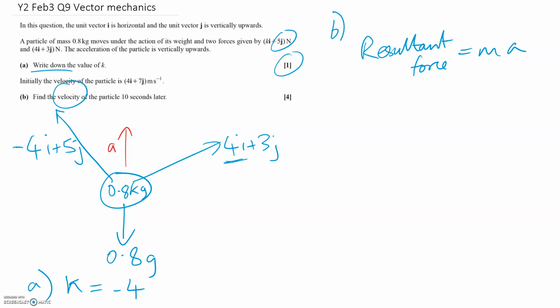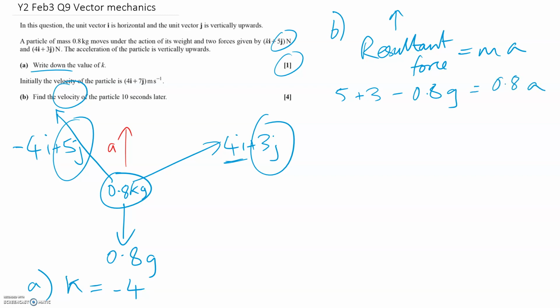If we resolve vertically, the upwards forces will be this and this. So we've got 5 plus 3 going up, and going down we've got minus 0.8g newtons, and that's going to equal the mass 0.8 times the acceleration.